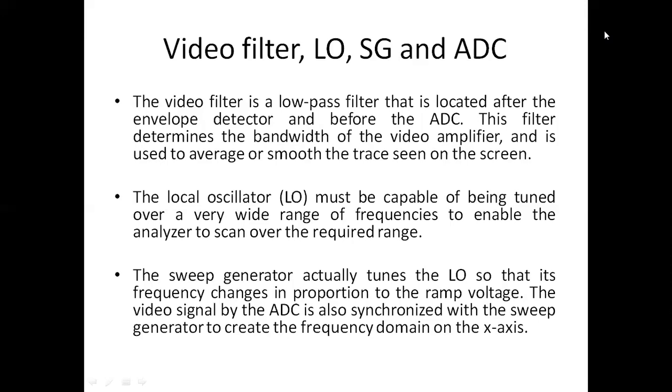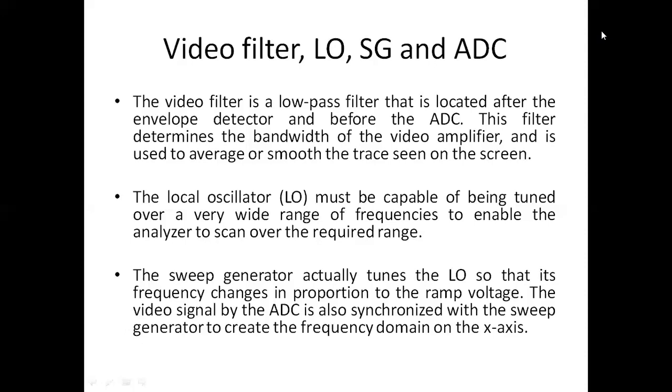Since we know that the baseband signals are of very low frequency, the video filter will extract those low frequency signals, and then the frequency components will be detected using the envelope detector, and then converted into digital by the analog to digital converter. This filter determines the bandwidth of the video amplifier and is used to average or smooth the signal that is displayed on the screen.